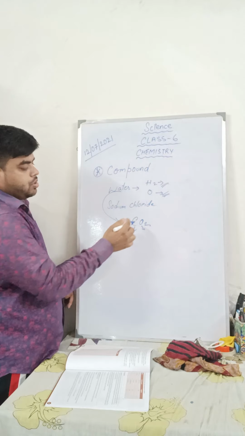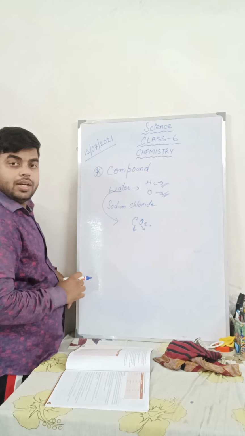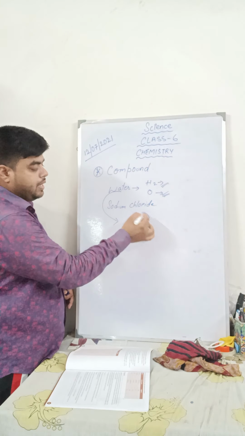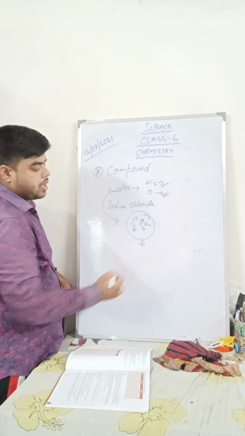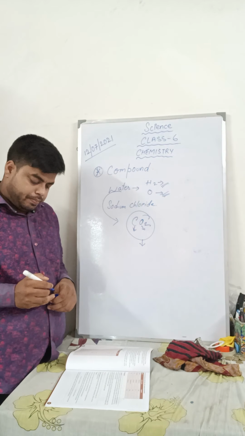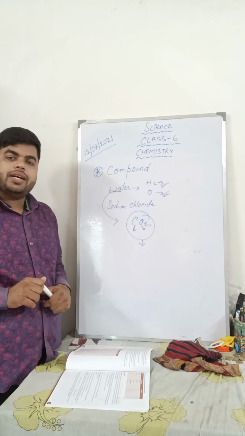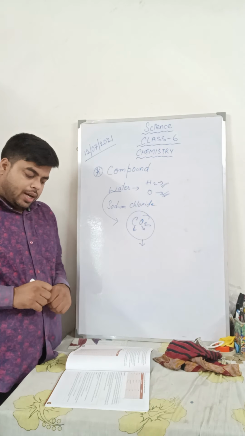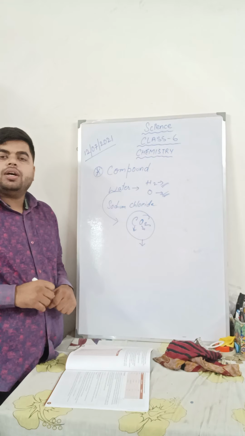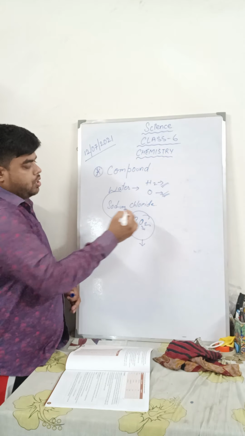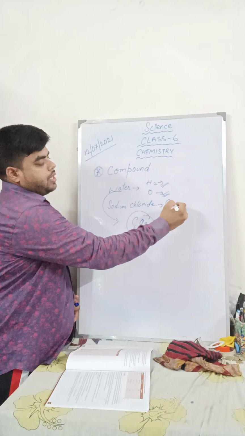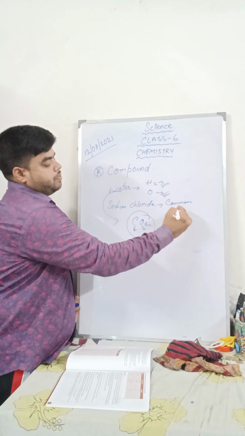They lose the properties of these two elements separately and they form new combined properties of carbon dioxide. Carbon is a solid, but carbon dioxide is a gas. Other examples of compounds are water, salt, and sugar. This is the common salt that we eat, that we consume.